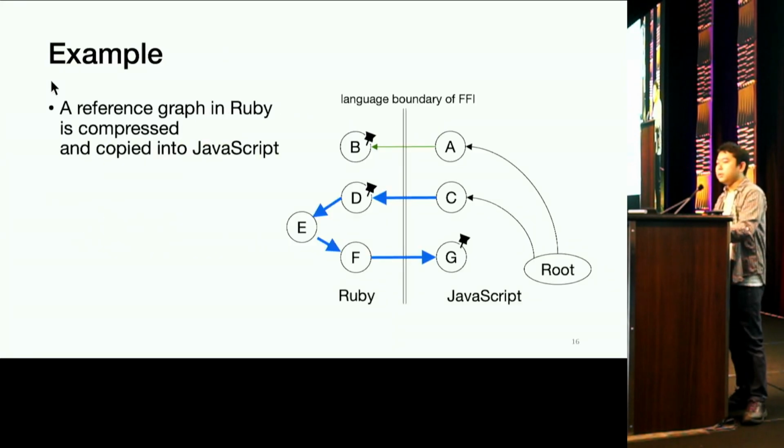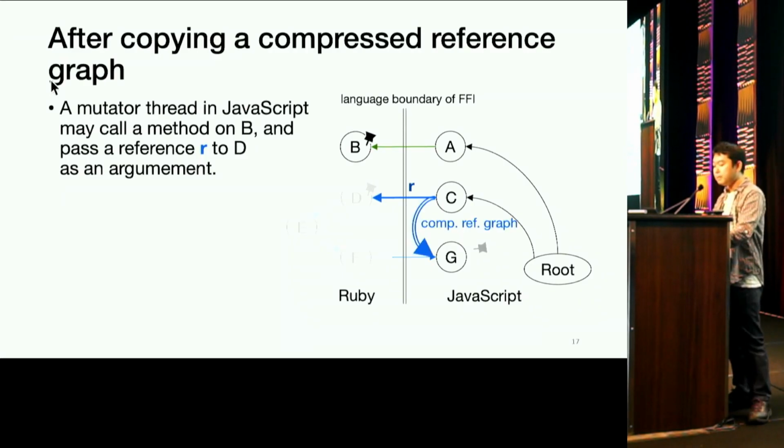So let me show an example. Again, the left-hand side is Ruby, and the right-hand side is JavaScript. First, a reference graph in Ruby is compressed and copied into JavaScript. After copying a compressed reference graph, a mutator thread in JavaScript on the right-hand side may remotely call a method on the object B on the left-hand side.